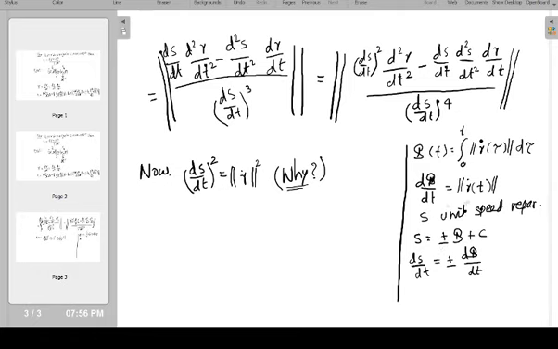But what is script ds by dt? It is the norm of gamma dot of t. So this is plus or minus the norm of gamma dot of t. So ds by dt whole square, plus or minus whole square, will be the norm of gamma dot squared. So we have justified this.